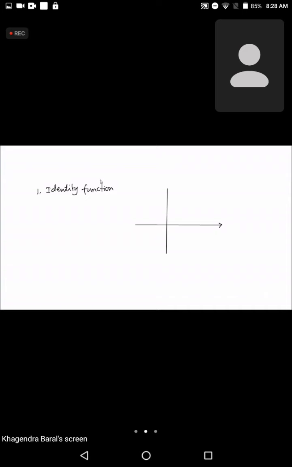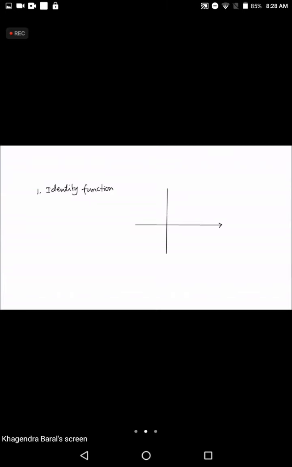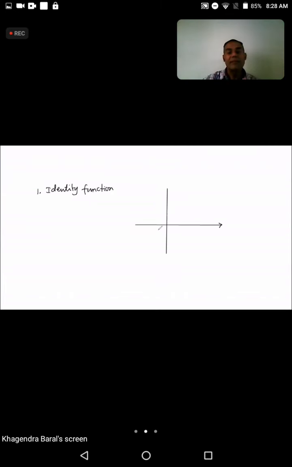You can see here in the graph, let us mark these axes as x-axis and y-axis. Mark the points (0, 0), (1, 1), (2, 2), (3, 3), and so on.